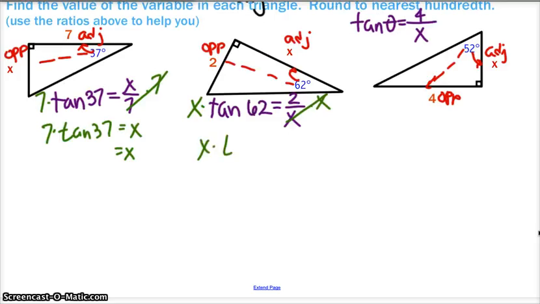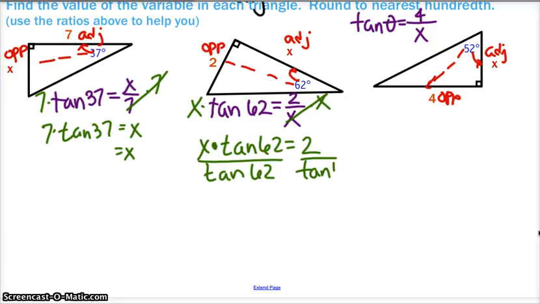X times tangent 62. I need to get it by itself, undo the multiplication by division. I'm going to type that in here in a second. And then my last one looks just like the center one.